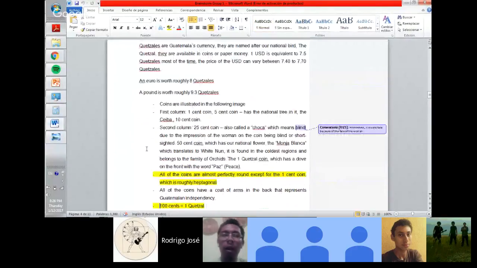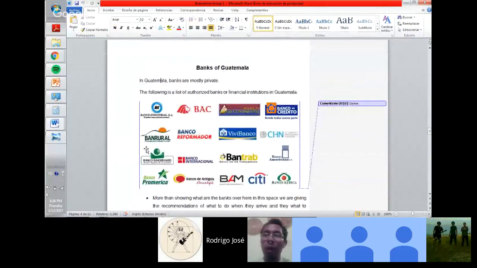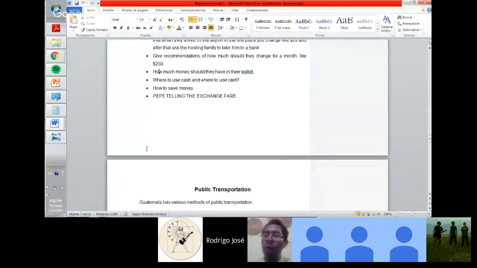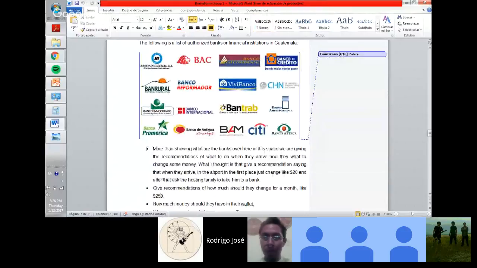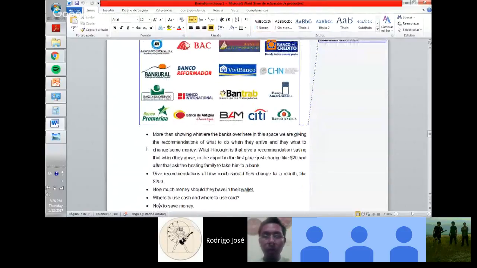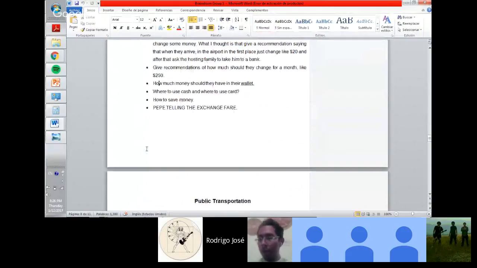Good idea. Sometimes it's hard to bring a lot of money from a different country, so I use credit cards here. Yeah, good idea. Over here you could see where to use cash and where to use card.